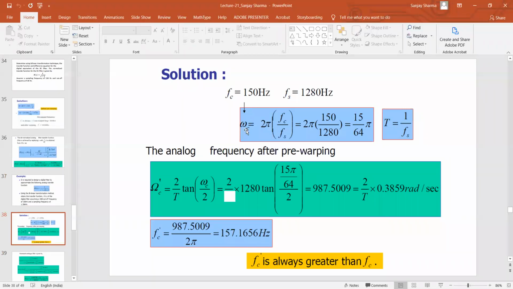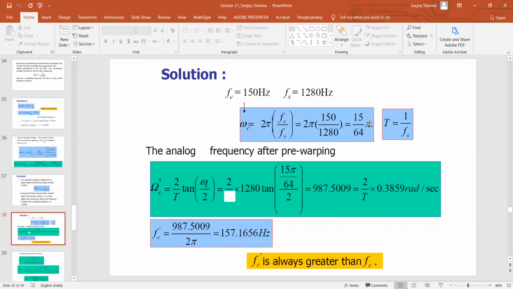From there I calculate omega c. Omega c is 15 by 64 pi. This example actually explains everything. I have to obtain the analog frequency now. What analog frequency must I use so that the warping effect is compensated? I denote it by omega c dash, and I calculate it by 2 by T tangent of omega c by 2.